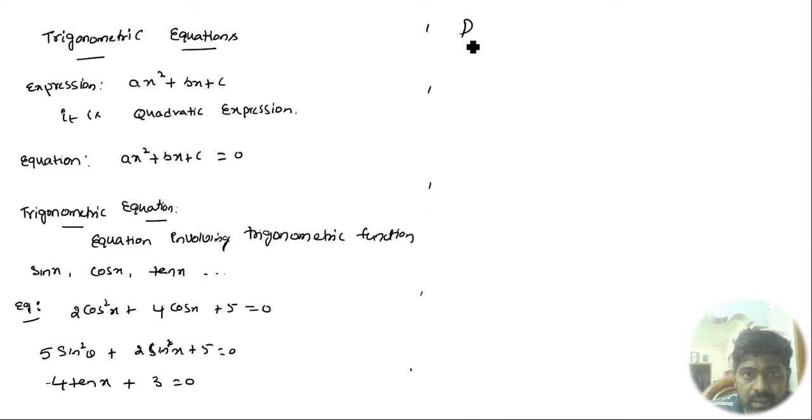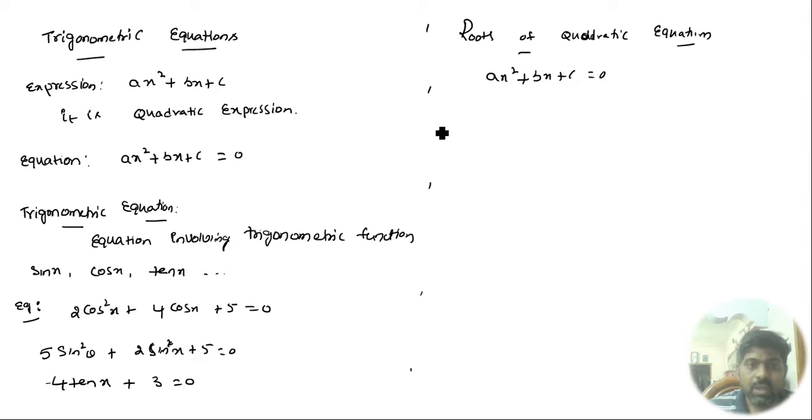That is, the roots of a quadratic equation. If we have ax square plus bx plus c equal to 0, we have two methods. First one is the factorization method.